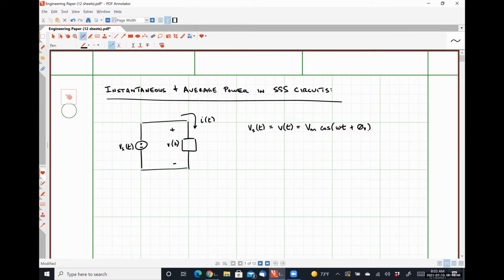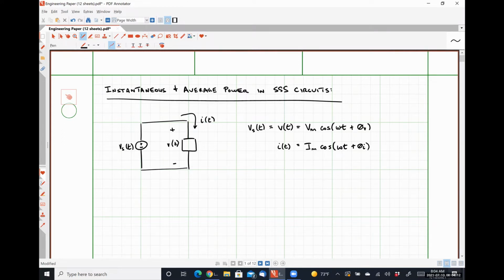So it's just a simple sinusoid having a particular magnitude, excitation, frequency, and phase angle. And we should expect that our current I of t will have a similar form. Im cosine omega t plus theta I.